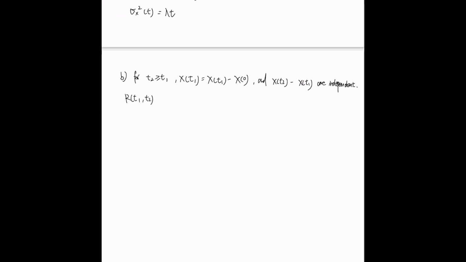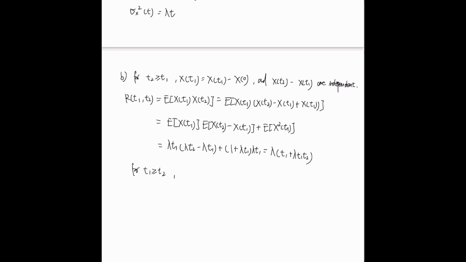So R(t1, t2) equals E of x(t1) x(t2), which equals E of x(t1) times (x(t2) minus x(t1)) plus x(t1), which equals E of x(t1) times E of (x(t2) minus x(t1)) plus E of x squared(t1), which equals lambda t1 times (lambda t2 minus lambda t1) plus (1 plus lambda t1) lambda t1, which equals lambda t1 plus lambda squared t1 t2.